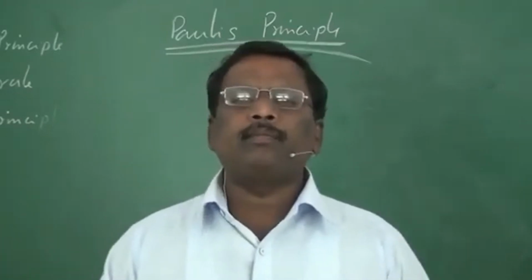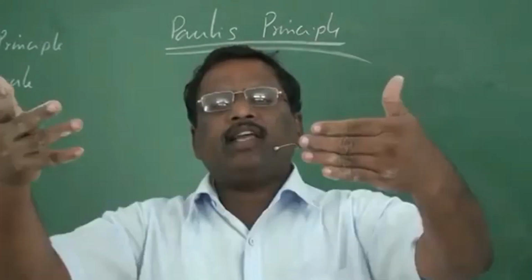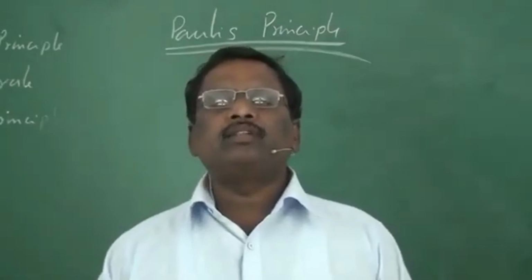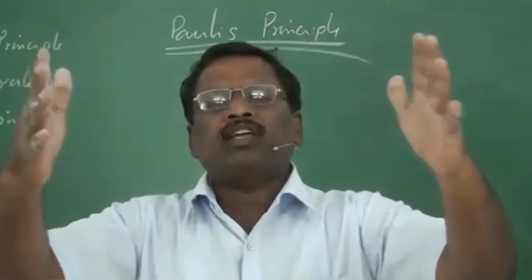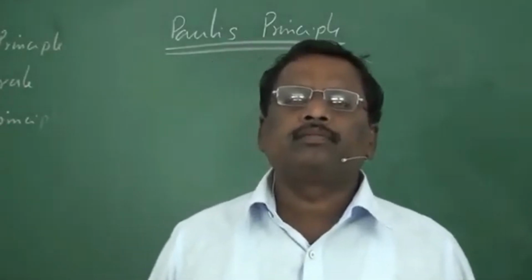Sometimes the n value may be the same; in such cases, the l value will be changed. If n and l are the same, the m value will be changed. If n, l, and m values are the same, automatically the spin quantum value will be changed.